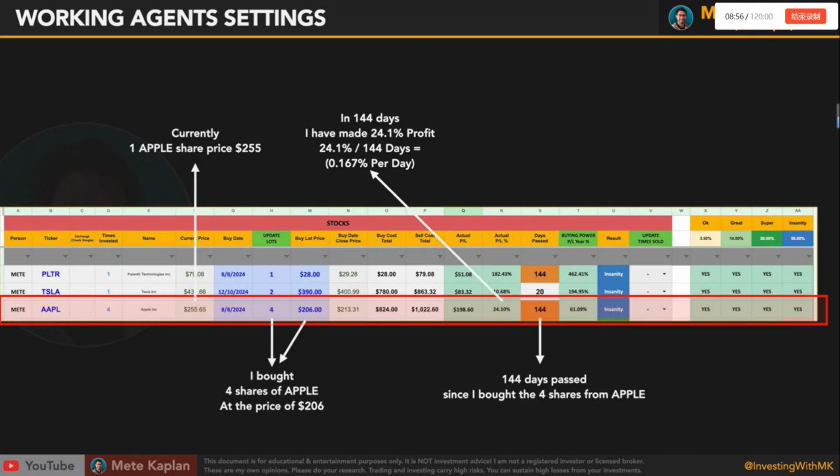If I divide 24% by 144 days, it makes an average of around 0.167% profit per day.